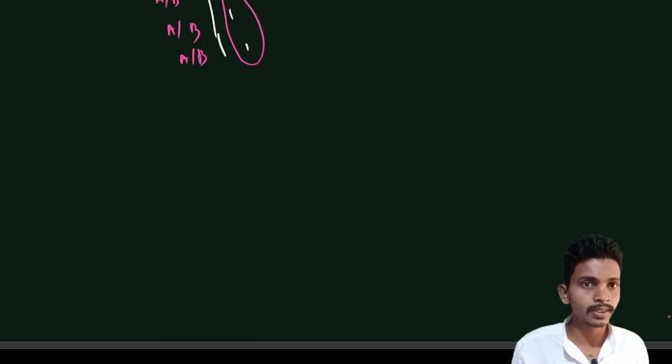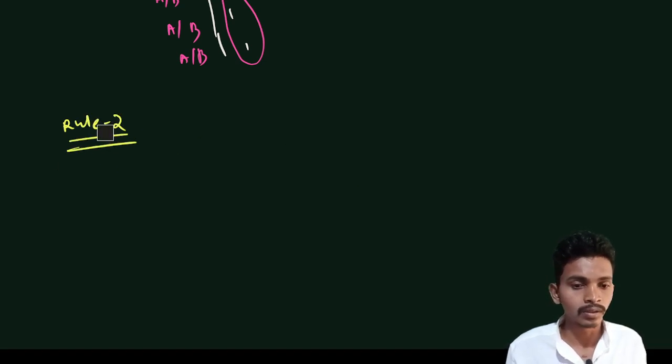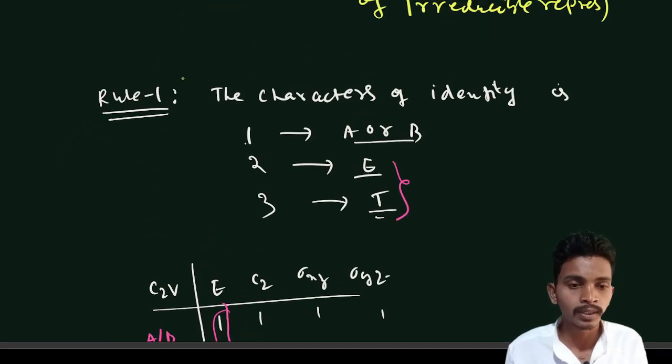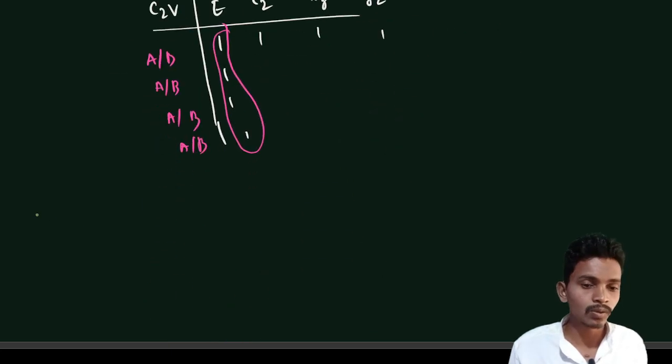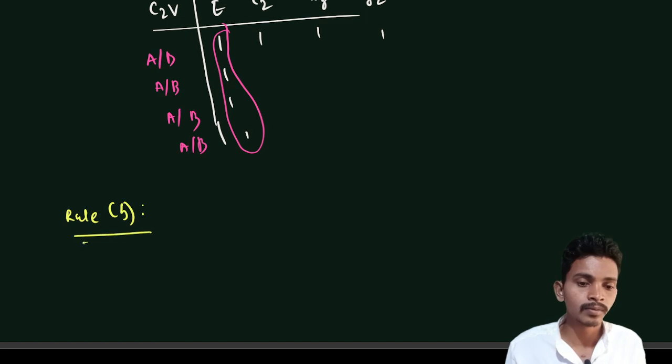And what does rule 2 say? Let's discuss rule 2. This is rule 1, and let's say this is rule 1A. Another is rule 1 only, that is 1B. What does it say?